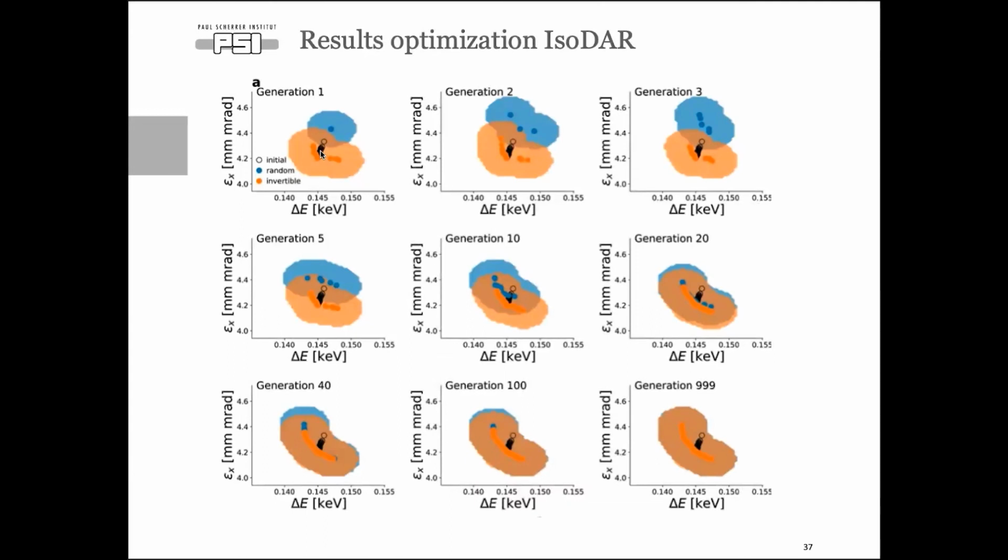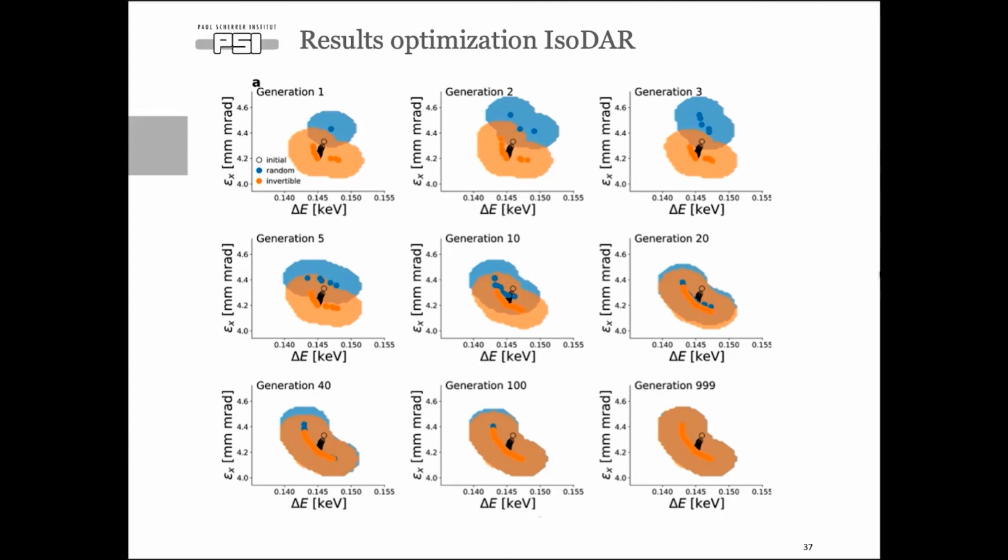Here you see again the objectives for different generations, and in black you see our initial guess from the invertible model, and again orange denotes the initialization with the invertible model, and blue the random initialization. And also for this you see that already from the beginning the invertible model is nearly converged, whereas it lasts around 40 or 100 generations until the random initialized optimization is at the same level.